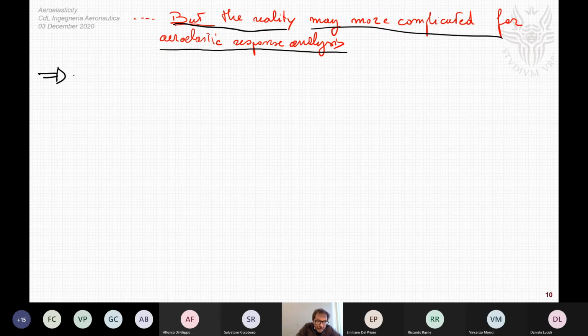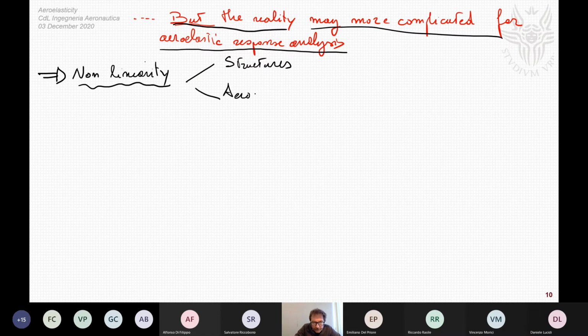In fact, we have nonlinearity in structure and in aerodynamics. In structure, we have nonlinearity given by large displacement, and so we have the so-called kinematic nonlinearity.